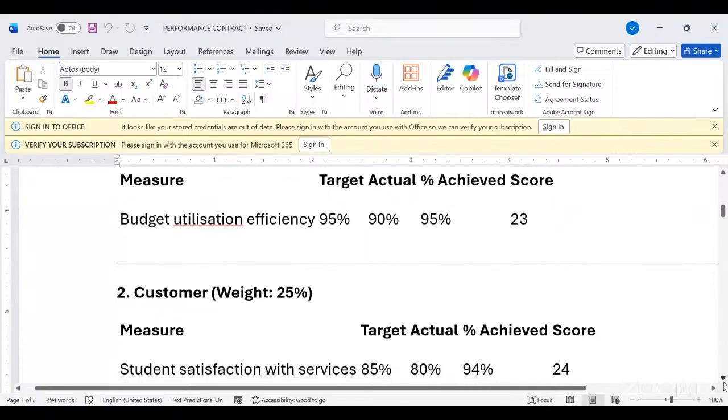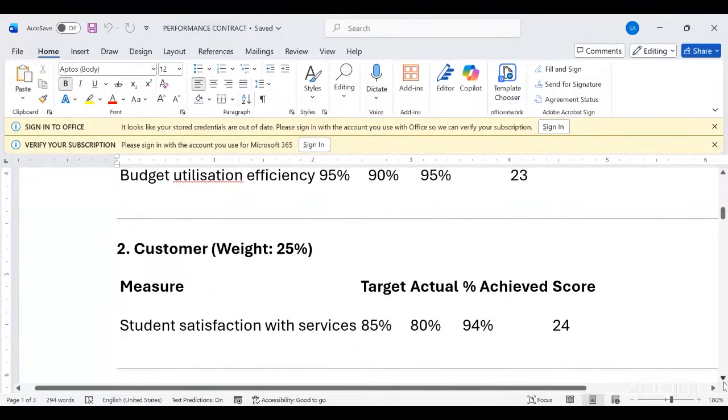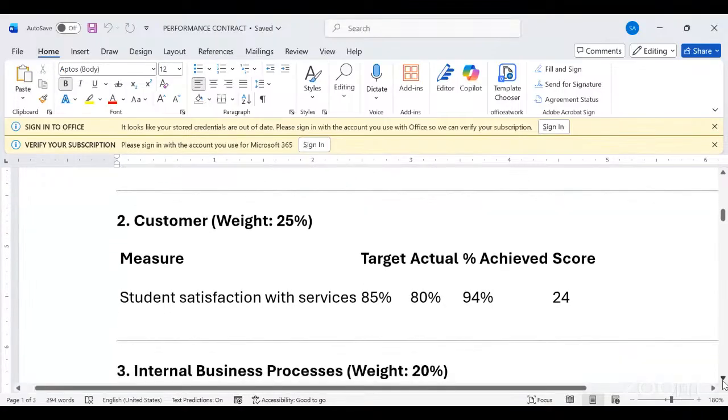Then for the customer perspective, the indicator for this employee is student satisfaction with services, and the target is 85%. So what you see as the actual means that the evaluation has been done and the employee scored 80%.